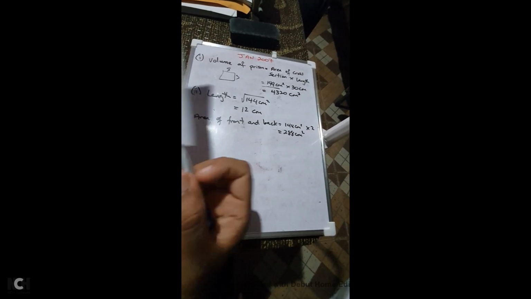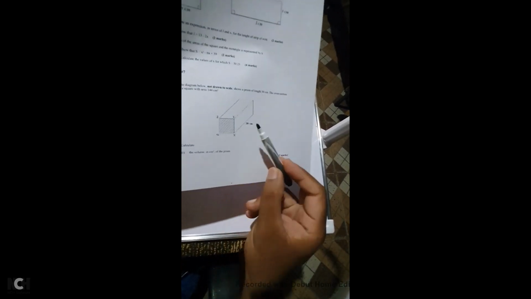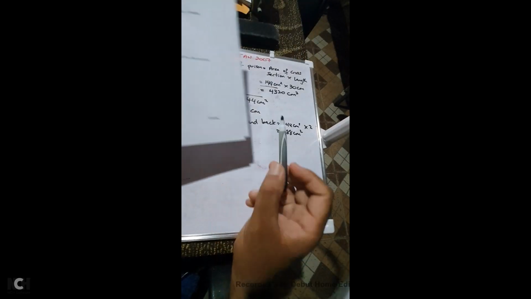So that figure will account for this as well as that. Now we need to find the area for this piece here. Remember we found the length to be 12, so for the square, this is 12, 12, 12.